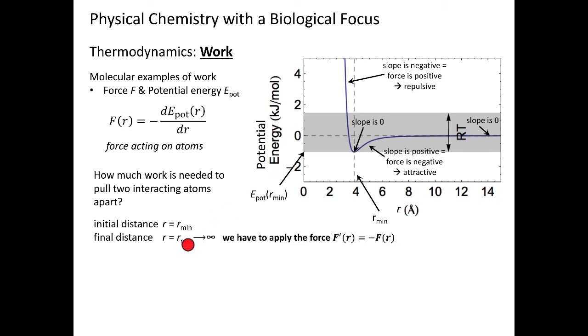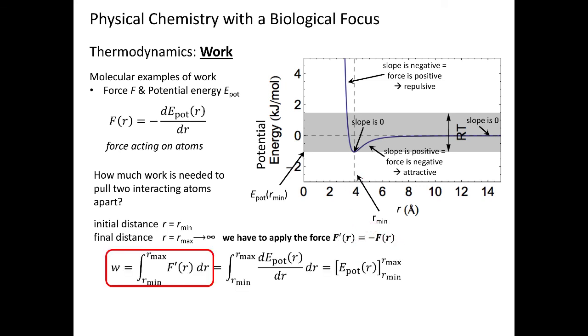Well, we have to apply the force F prime. And this force F prime is nothing else but the opposite of the force that is exerted by this potential, so it's the negative of that force. Now this is again our standard equation that we have to use all the time.